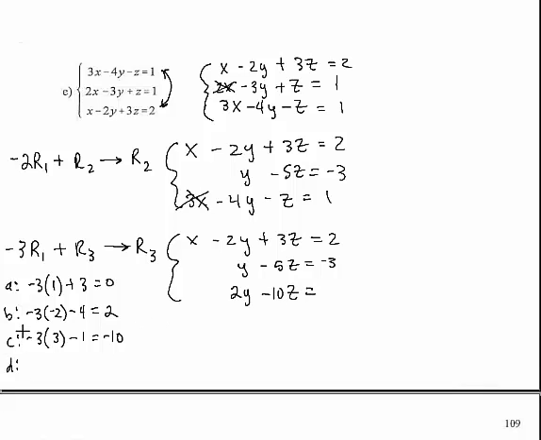And now d, we have a negative 3 times, what do we have? A 2 plus a 1. That gives us a negative 6 plus 1 is a negative 5.